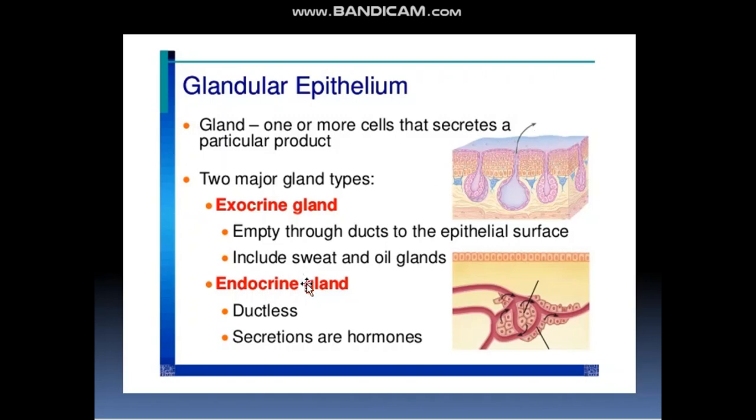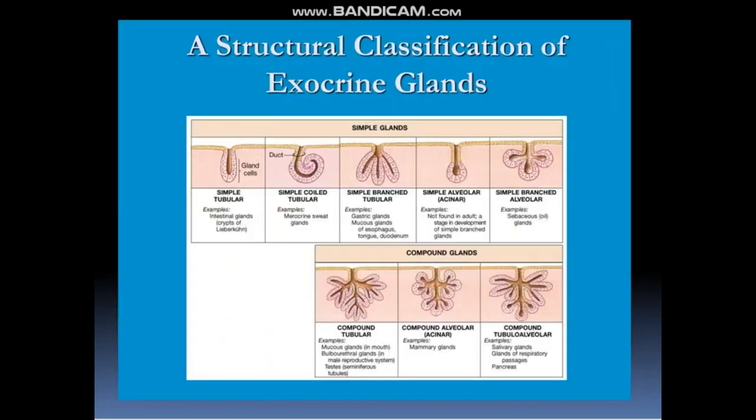And we have endocrine glands, which are ductless, and consequently the secretory product is delivered directly into the bloodstream because they have a very rich blood supply. So those are the two main kinds of glands. The endocrine glands you will study next semester. Today we will focus mainly on exocrine glands.